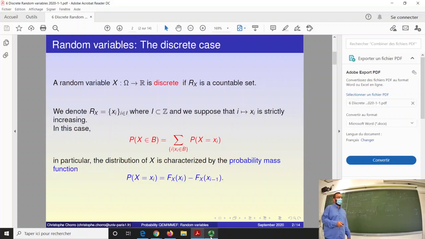In the discrete case, we call this one, okay, the probability mass function of a discrete random variable. So this one is the probability mass function. The analogous of this one in the continuous case will be the notion of density of a random variable. But in the discrete case, okay, it's what we call the probability mass function.